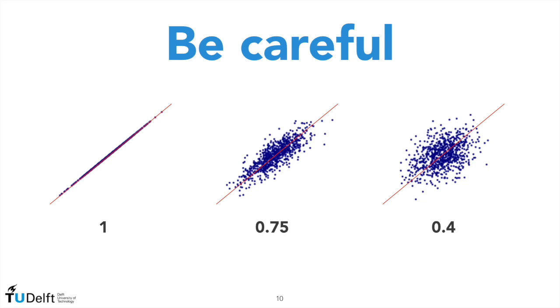We can still see a positive inclination of the observations. We can still see a positive linear relationship, but it is less precise. The observations are more scattered around the red line.